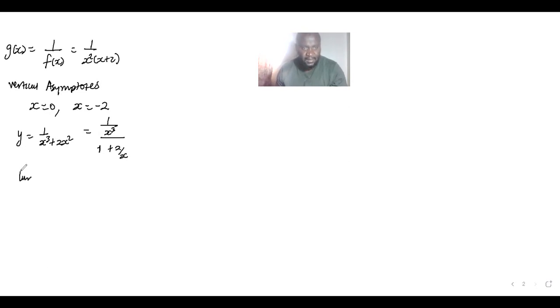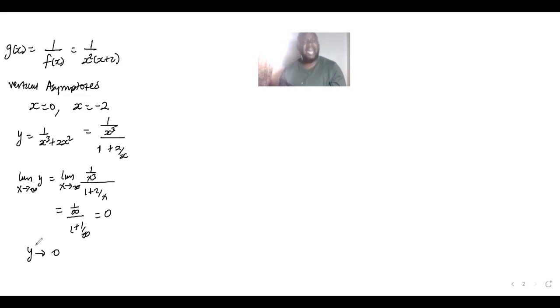In the limit, as x tends to infinity, y is equal to the limit of 1 out of x cubed, all divided by 1 plus 2 out of x. This tends to 1 out of infinity over 1 plus 1 out of infinity, and this is 0. So y tends to 0 as x tends to infinity.